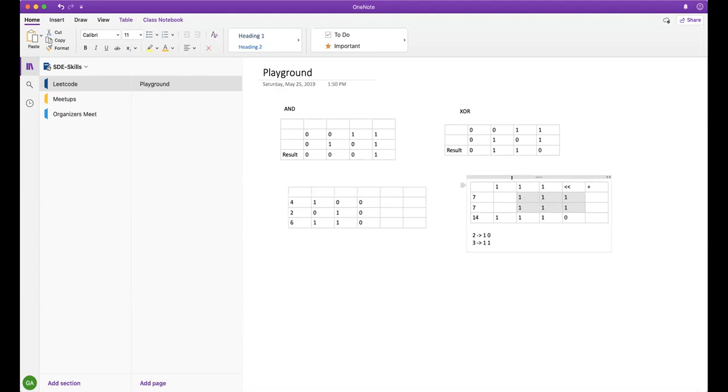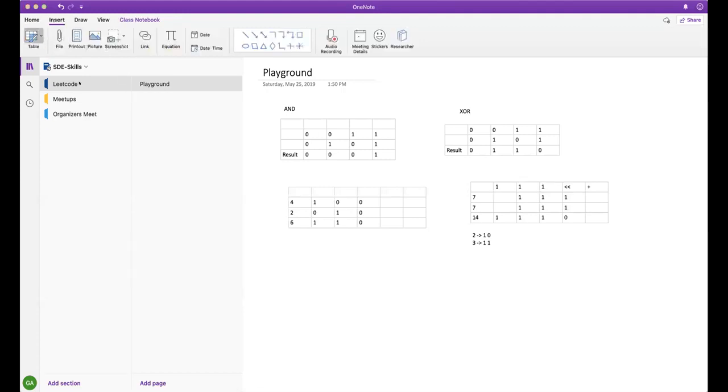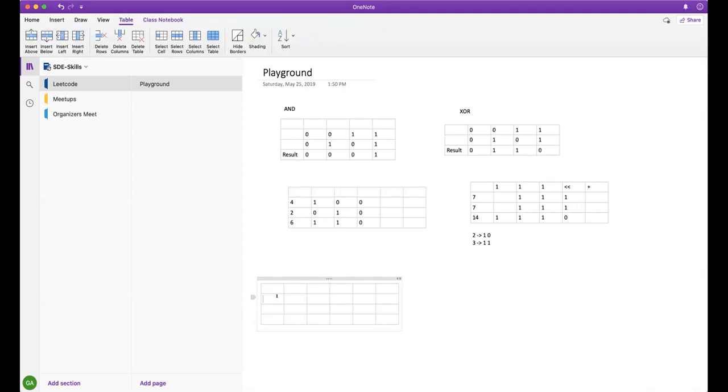Let me take an example which is there in the problem, which will make it more clear. The problem given to us is 1 and 3. What's the binary representation of 1? 0, 0, 1.